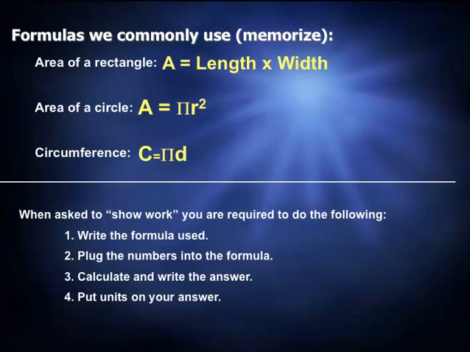The second step is you write it again, but this time you substitute in the correct numbers with their units. The third step is you solve the problem, do the math, and finally you put an answer, always with units. Something you're going to have to be sure that you do is to always include the units with your measurement.